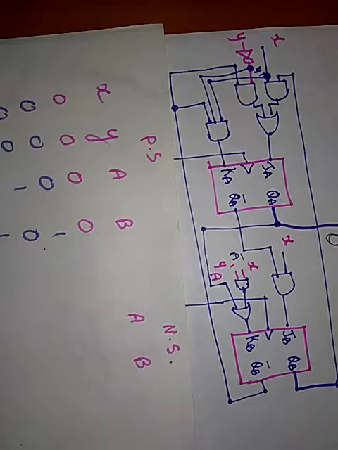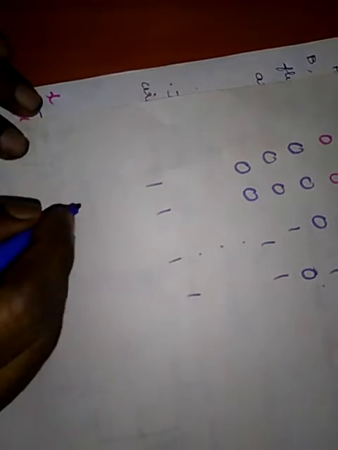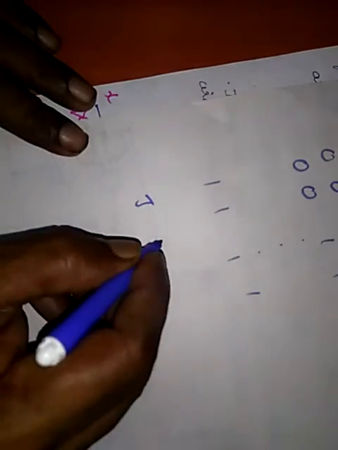We know the excitation table for JK flip-flop. So JK flip-flop excitation table I will give you. So J, K, Qn plus 1. So this is 0, 0, 0, 1, 1, 0, 1, 1. 0, 1, don't care. So don't care, you can use phi symbol also.